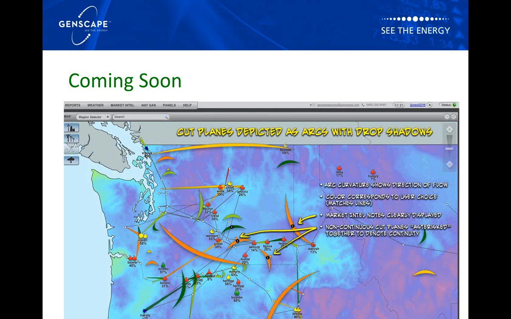So the next question is, what is the refresh rate for the line flows? Why don't I take that one? Yes. In general, each monitor that's out in the field has a set schedule. They typically are set for 30 minutes, but we can configure them to higher frequency. And each one of those monitors has a piece of firmware within it that detects sudden changes, or what we call a transient event.